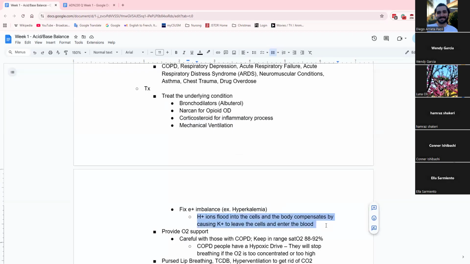The idea is you have this buildup of H plus, and your cells take that influx in, which causes the potassium to leave, leading to high potassium levels in the blood, which can lead to other issues such as heart conditions.